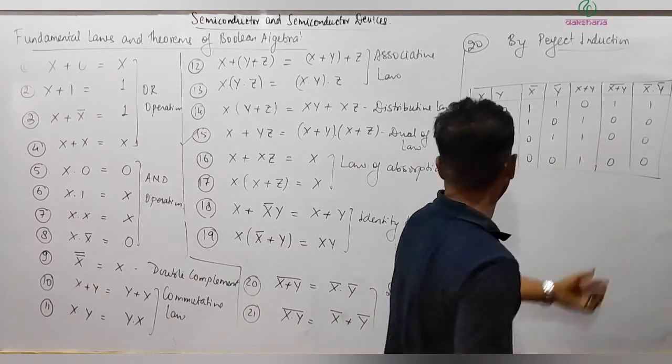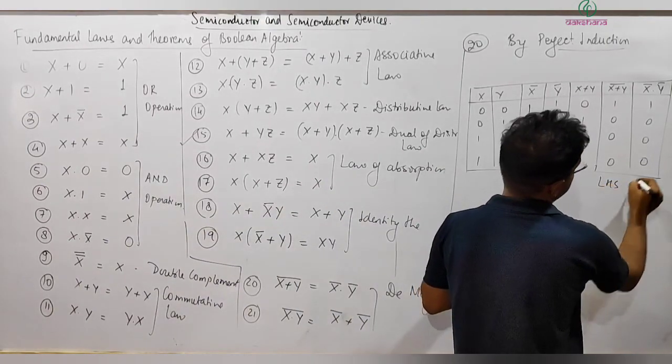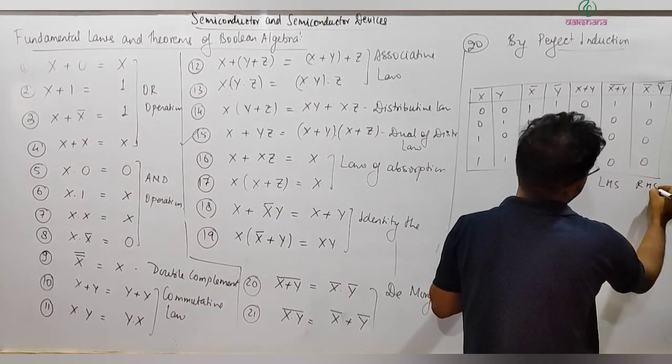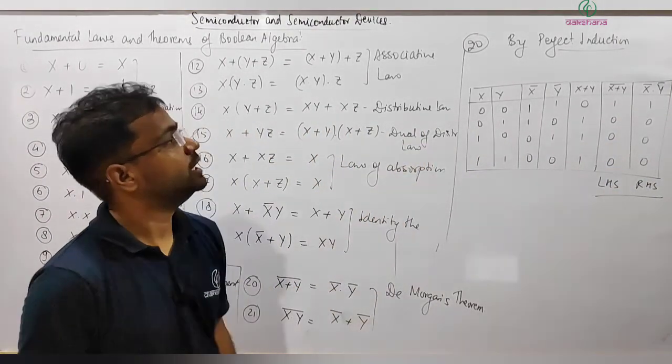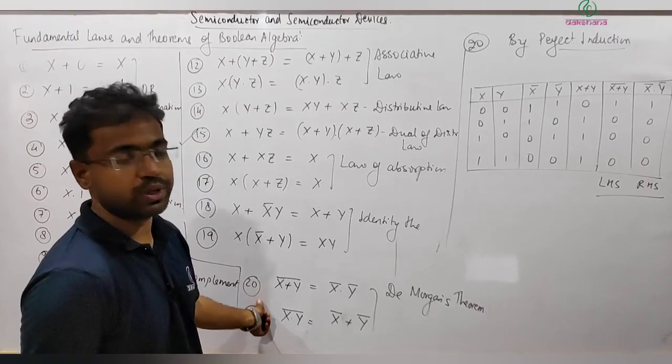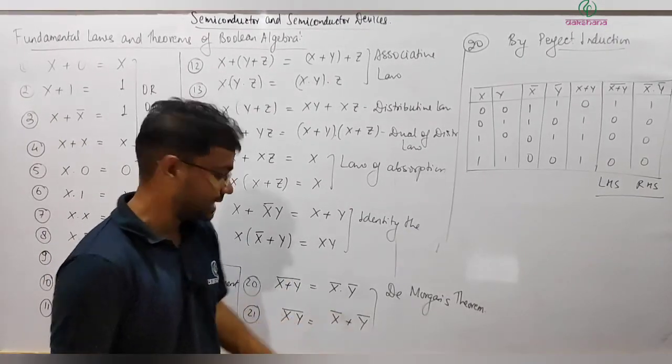So you can see this is LHS, and this is RHS, and we are getting exactly the same. So this proves De Morgan's theorem, that is theorem 20. This is called De Morgan's theorem. So this is also exactly equal.